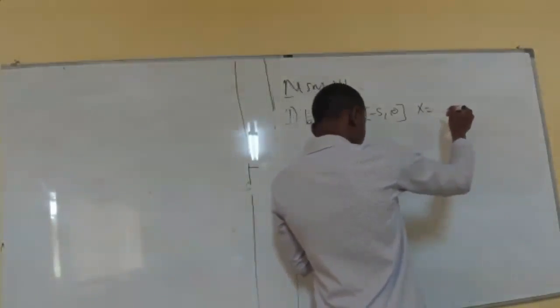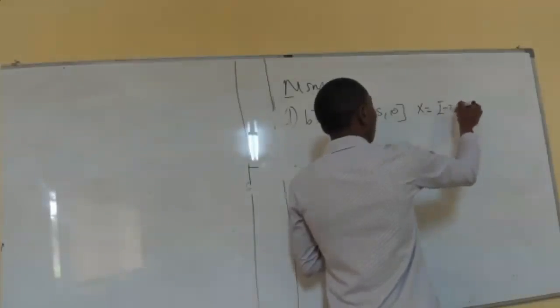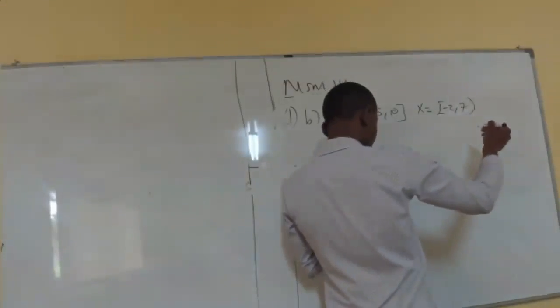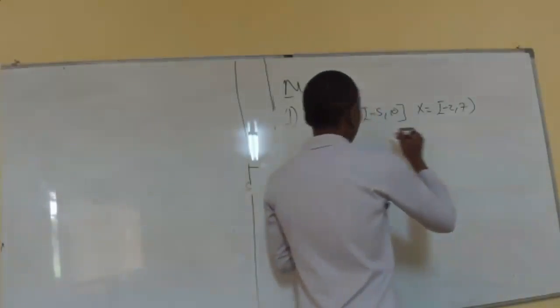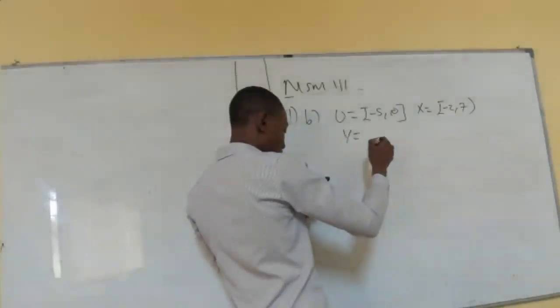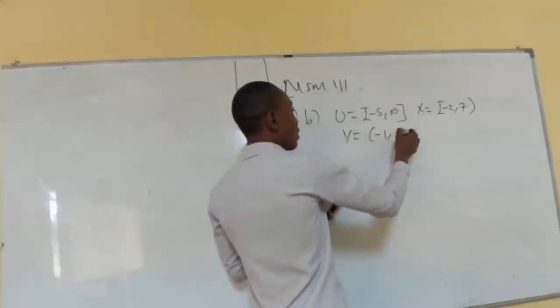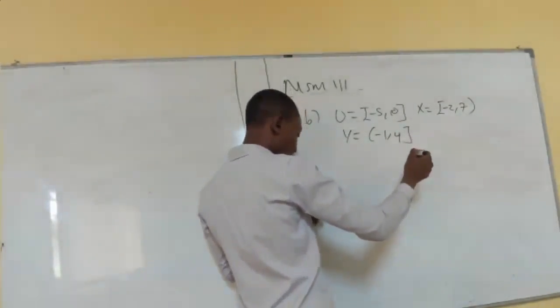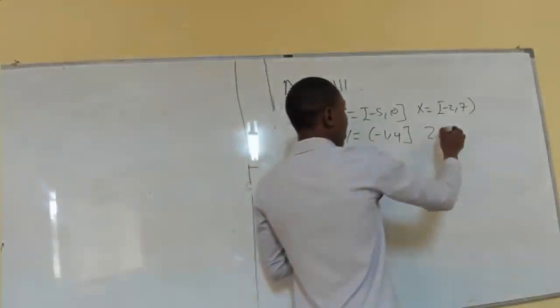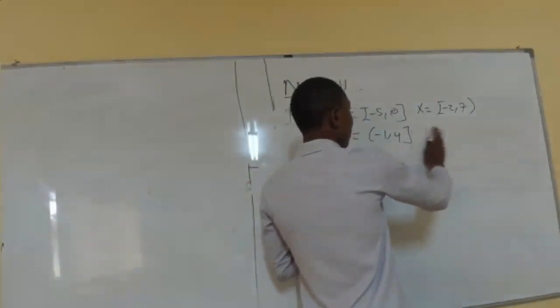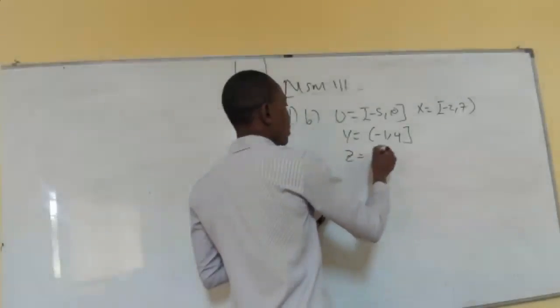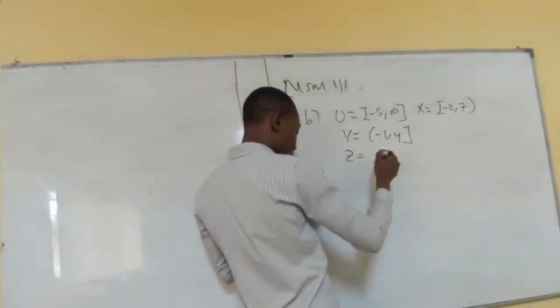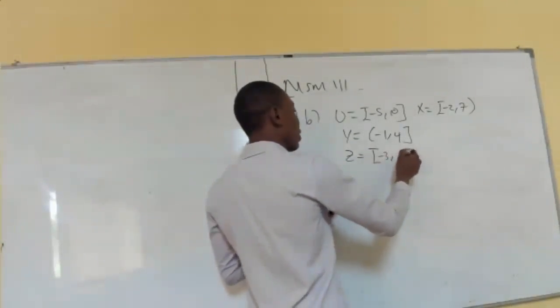X is given as negative 2, 7 open. Y is given as open negative 1, 4 closed. And Z is given as closed negative 3, 6 closed.